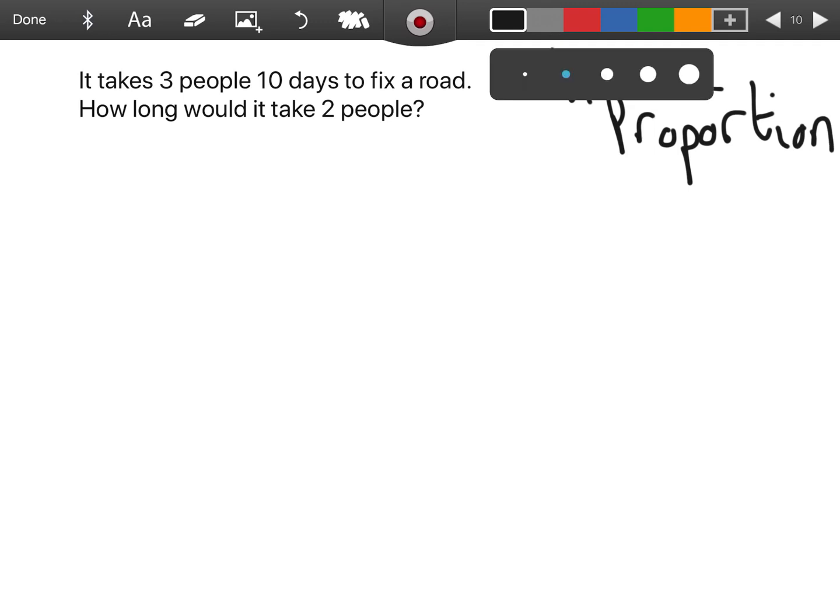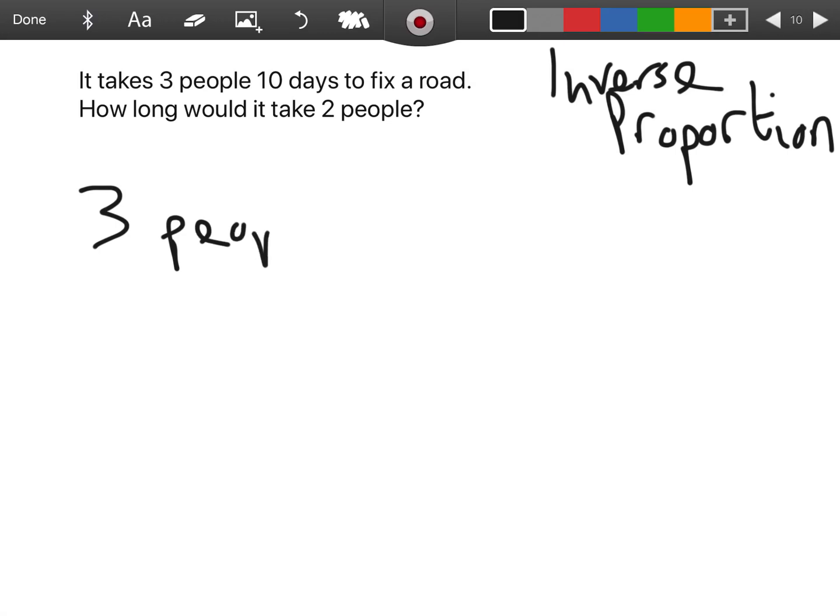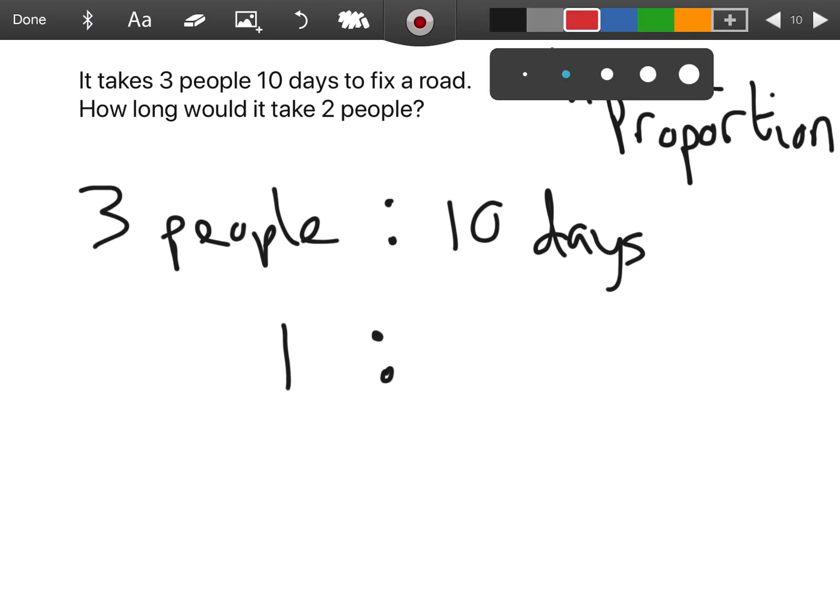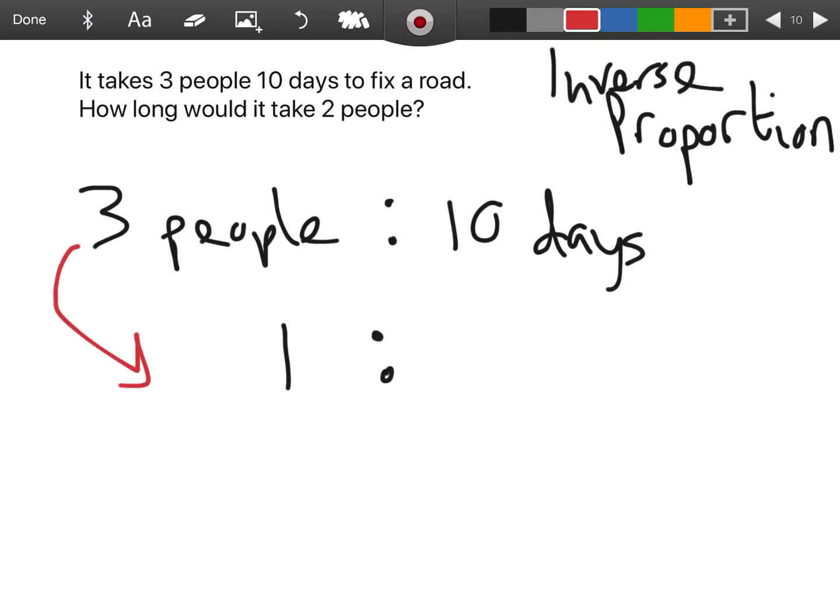So one way you can look at these questions is you can write a ratio again. You can say 3 people would take 10 days to fix the road. I want to know, first of all, how long it would take one person. So to get from 3 to 1, I've divided by 3.